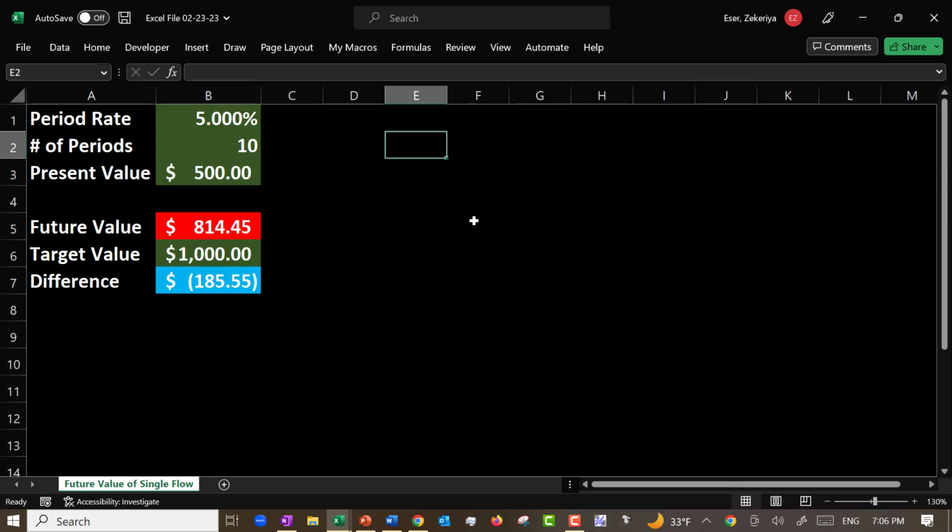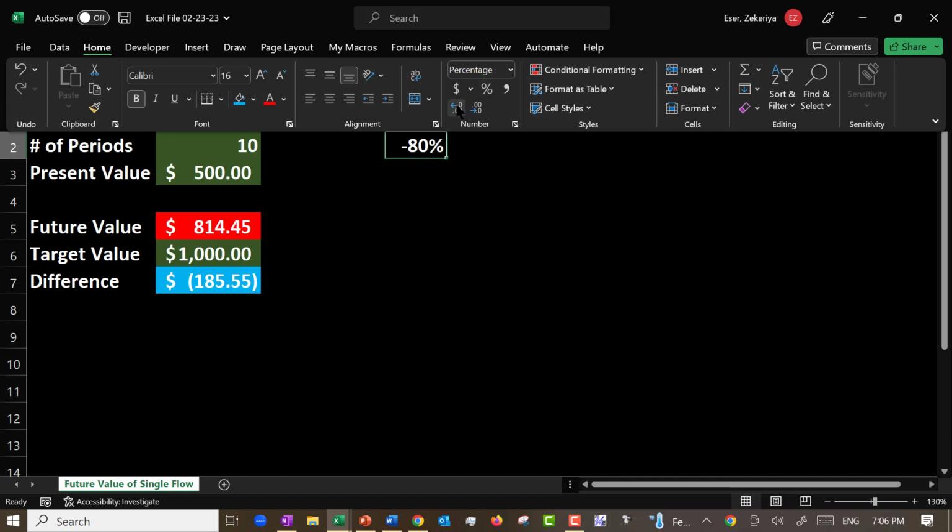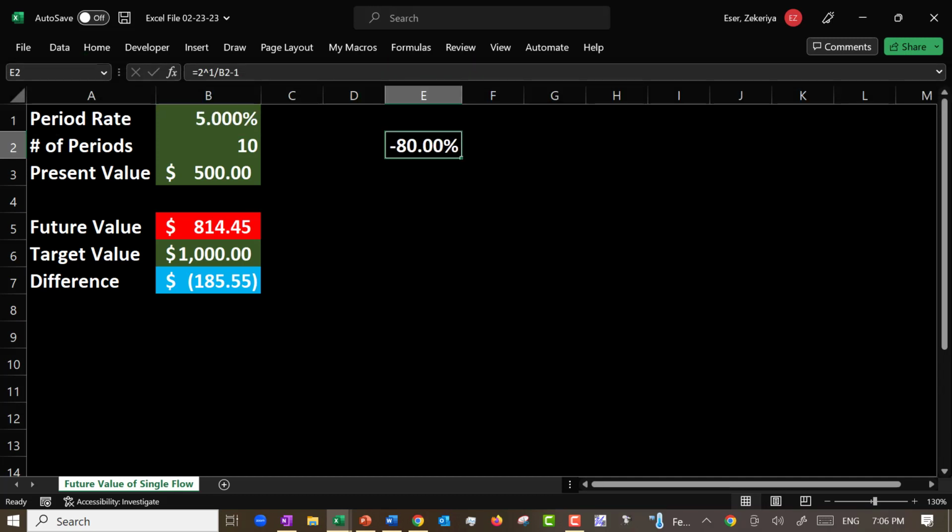First, I'm going to calculate it myself, to show the importance of order of operations. The ratio of future value to present value is 2. I'm going to raise it to the power 1 over number of periods, minus 1. Okay, it says the answer is negative 8%.